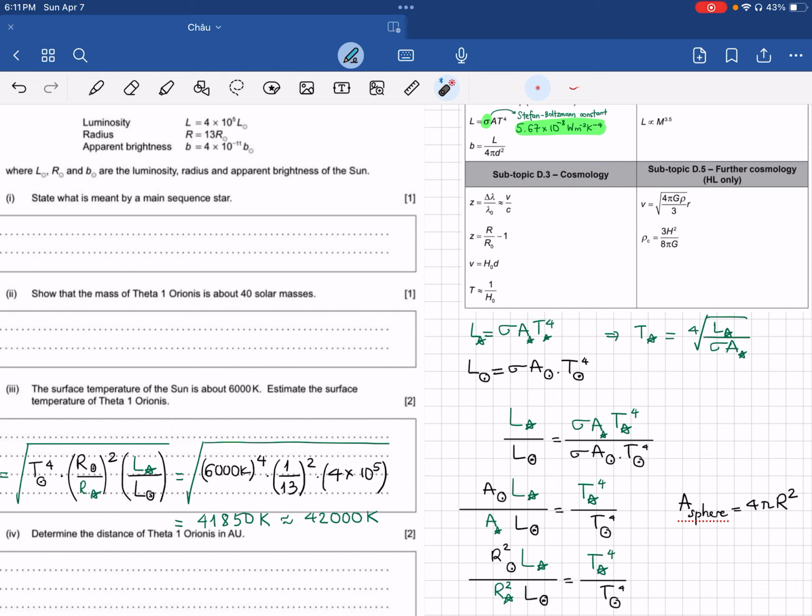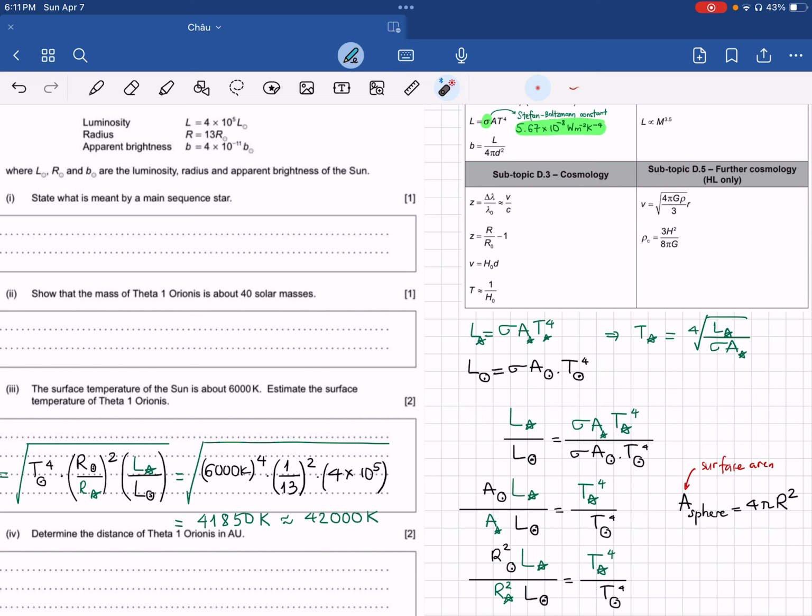But we know the surface area of a sphere is 4 pi times the radius squared. So if we know this, we can find this one. We don't have them in numbers, but we know how much they are compared to those quantities of the sun.